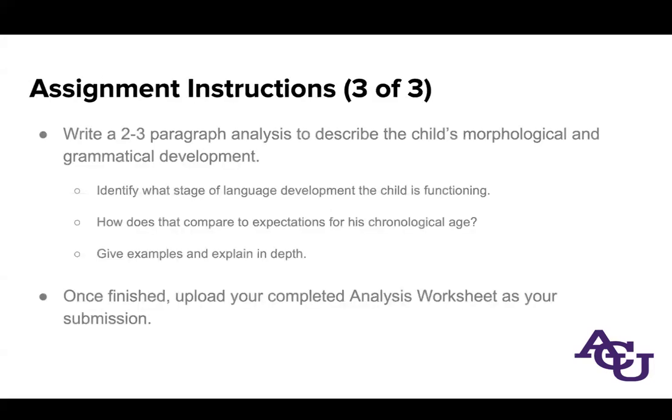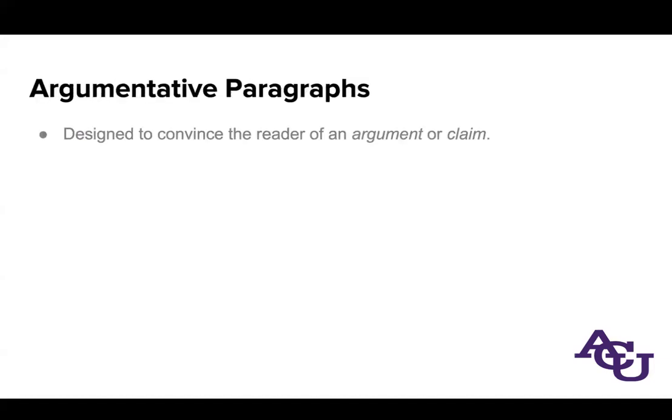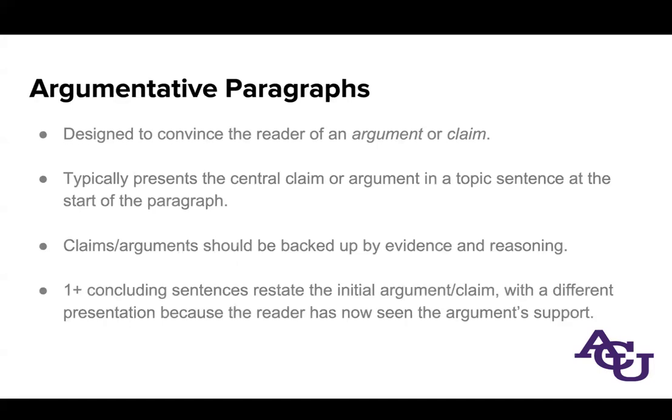If we look at the instructions, we see, describe the child's morphological and grammatical development. So you could start by separating those into different paragraphs. Now, when you are giving that claim, you want to back it up, and not just by saying, well, this is what it is. Give us evidence, convince your reader, and reason how it does or doesn't do that and what that means.